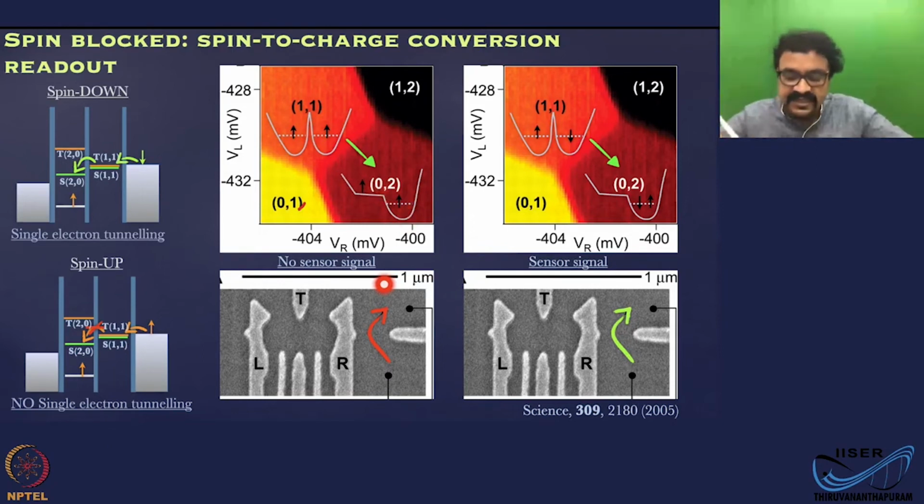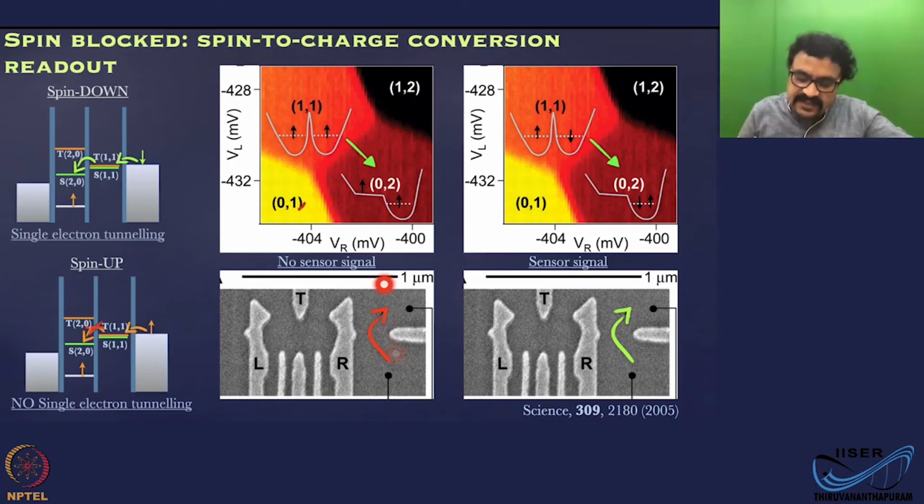But what you would see is, since this is a triplet state, this electron cannot go here. It is stuck here itself. It's a slightly high energy state, but you cannot go here, it's blocked. This transition of this electron from this dot to this dot is blocked. That means you have a sensor here.